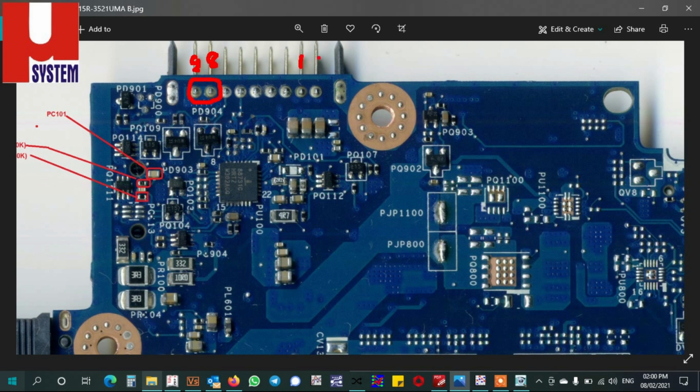This is 1 and this is 2, this is 1. These pins are negative and these pins are positive. So you can see the picture where I'm trying to test it. So let's go ahead.